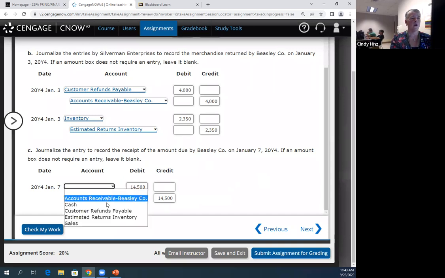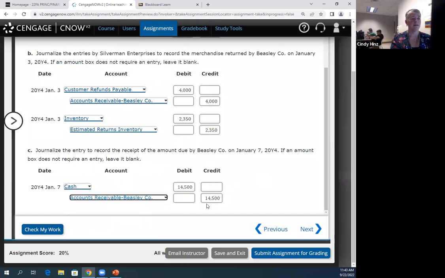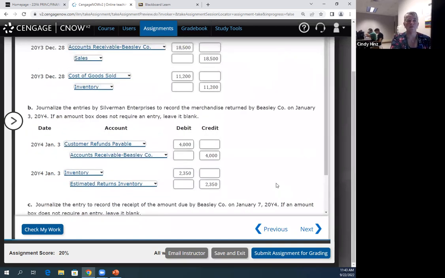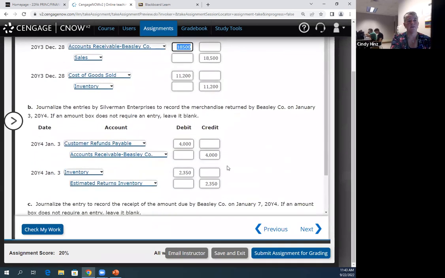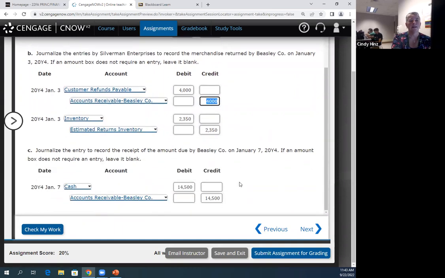So they only owe us and therefore only pay us $14,500. We then report that we have that cash and that they no longer owe us. We remove that total from the accounts receivable. So if we were to put a T account on the screen now for that accounts receivable, we would have seen a debit for the original sale of $18,500, then a credit when they returned the merchandise, and then another credit when they paid the balance.